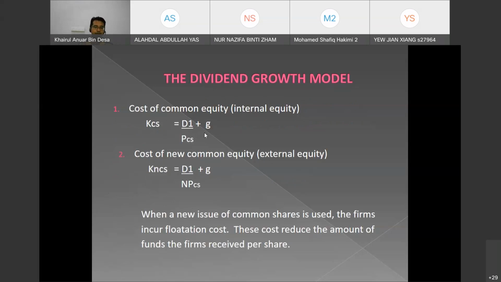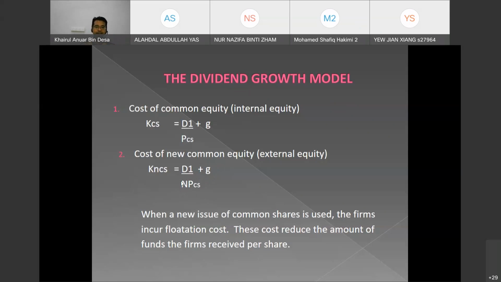This is how to determine the cost of internal equity, which we call retained earnings: D1 over price, plus g. And the cost of new common equity, external equity, which we sell to the public, is D1, dividend in year one, over net price, plus growth.